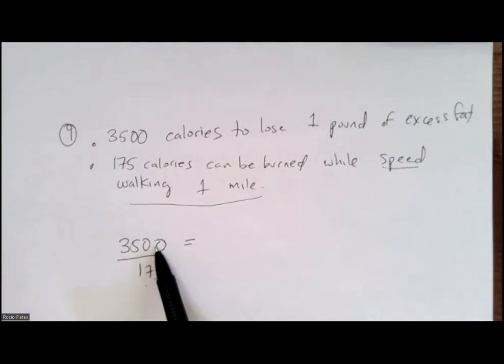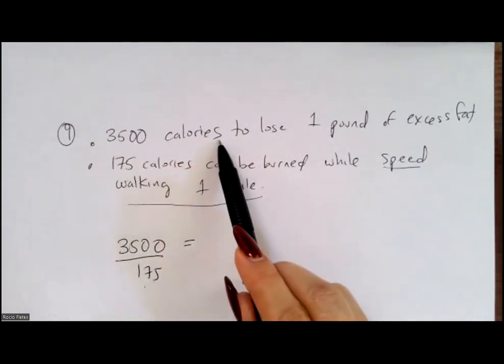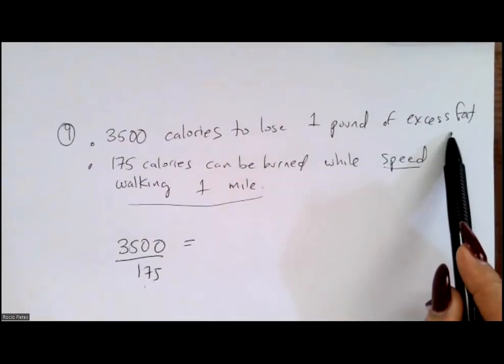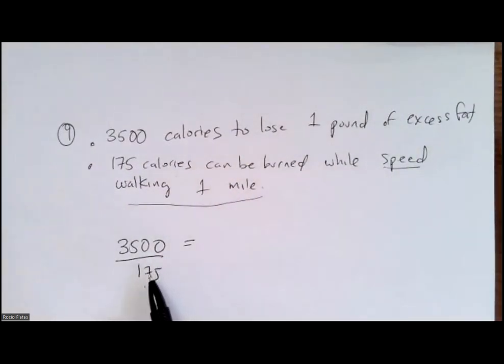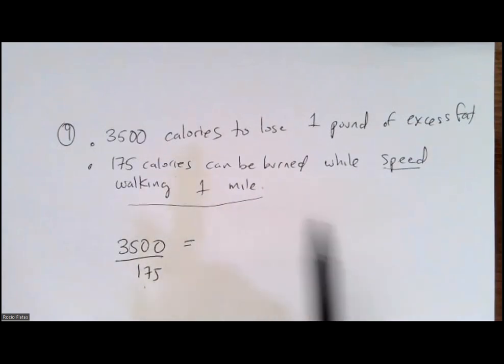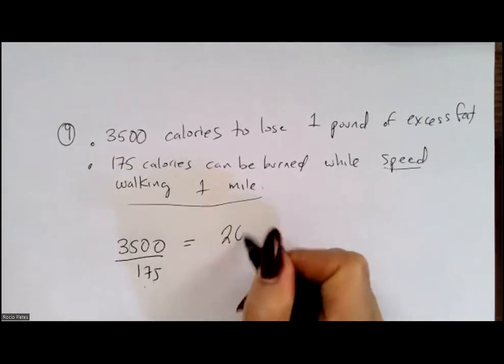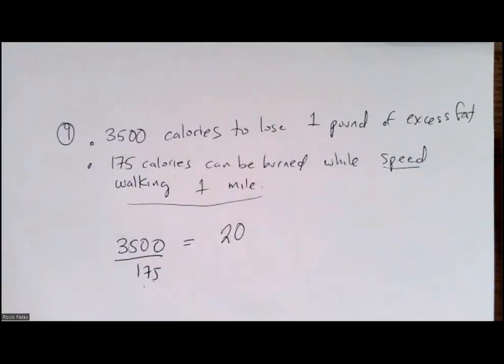So if I take the number of calories that it takes to lose 1 pound of excess fat divided by what I can burn by walking 1 mile, it's gonna give me 20. So I'm gonna have to walk 20 miles, right?